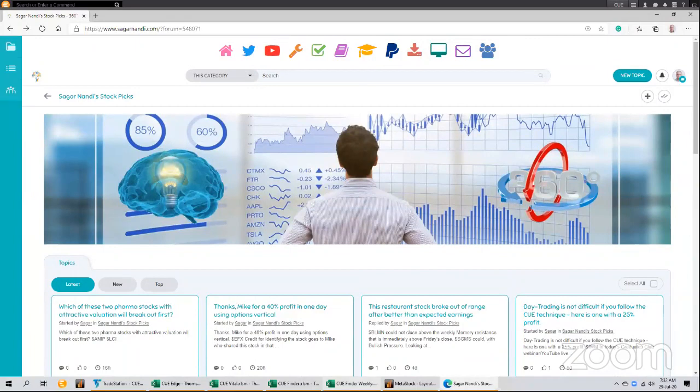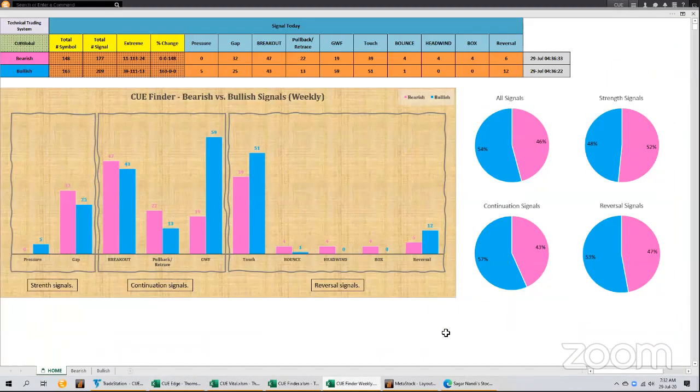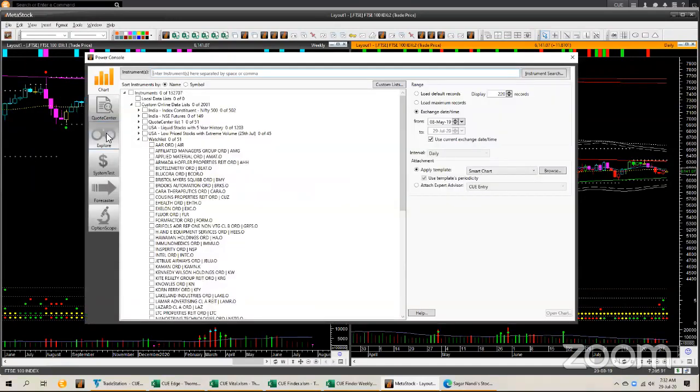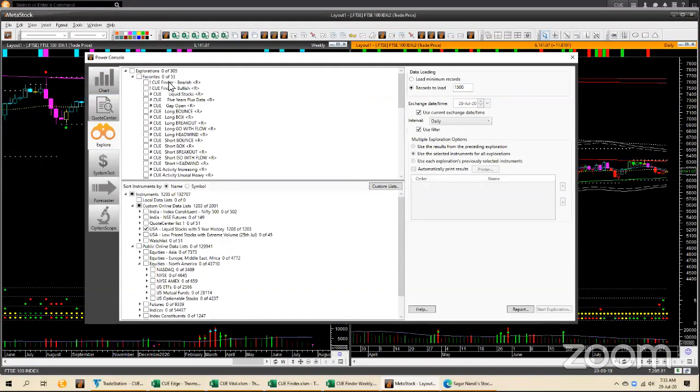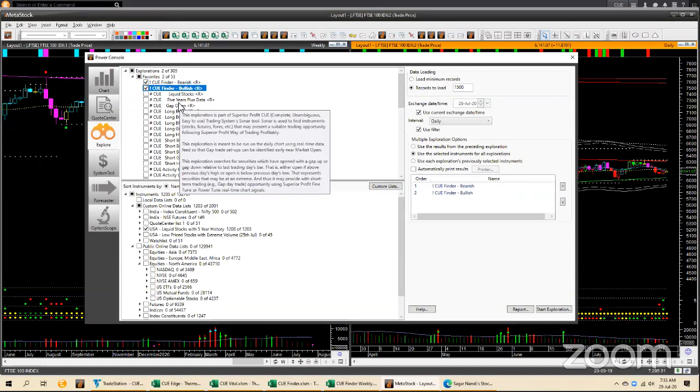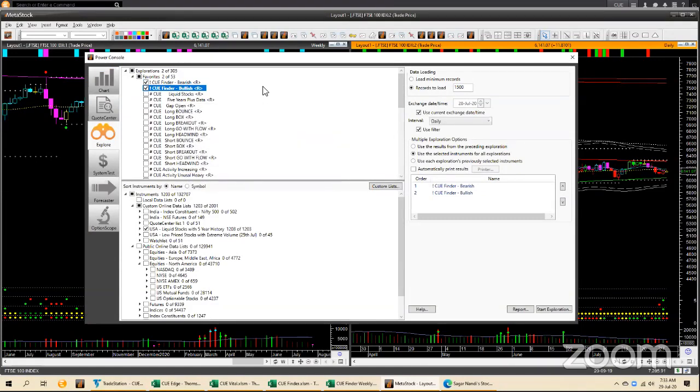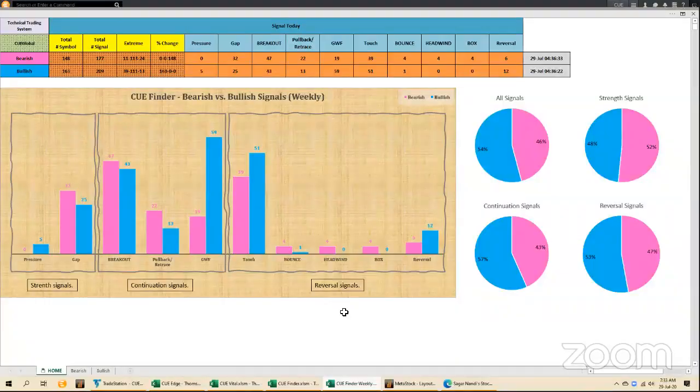Let's look at the Finder insight now. I ran Finder. What is Finder? Finder are the two combo explorers that we have in Q Global on Metastock. I ran them both for weekly and daily interval. Let's see the data.